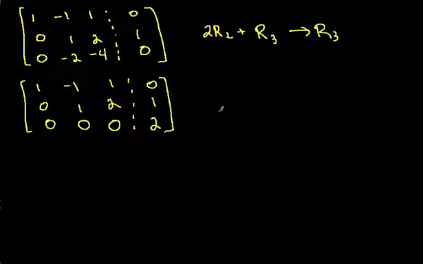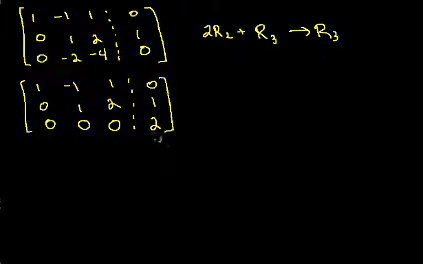Now at this point, I can see that I'm going to have no solutions for this system. Just as we've seen in all our other examples, we've got a row of zeros here, except on the other side of the dotted line we have a non-zero number. That tells me I've got a problem, and in fact it tells me immediately that I have no solutions. Just to review, we have a pivot in the first column, a pivot in the second column, no pivot in the third column. Instead, it's in the fourth column.